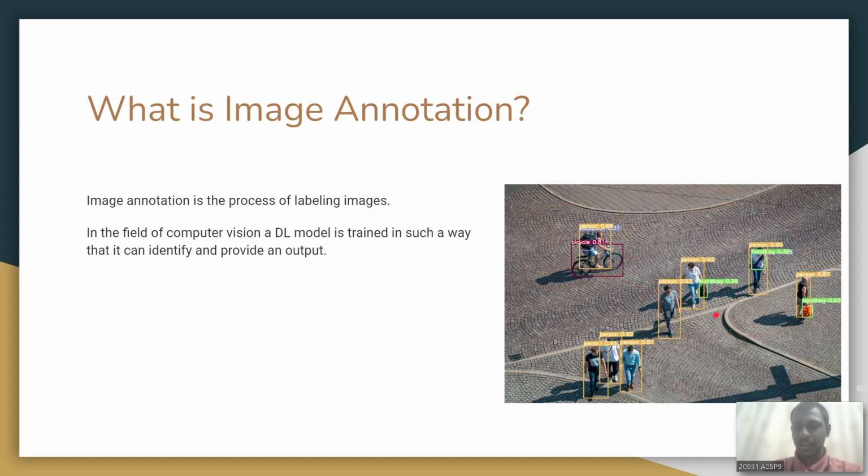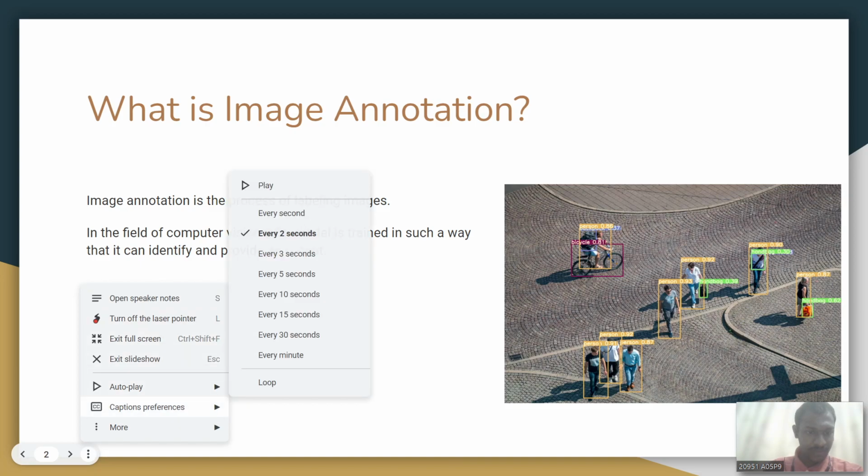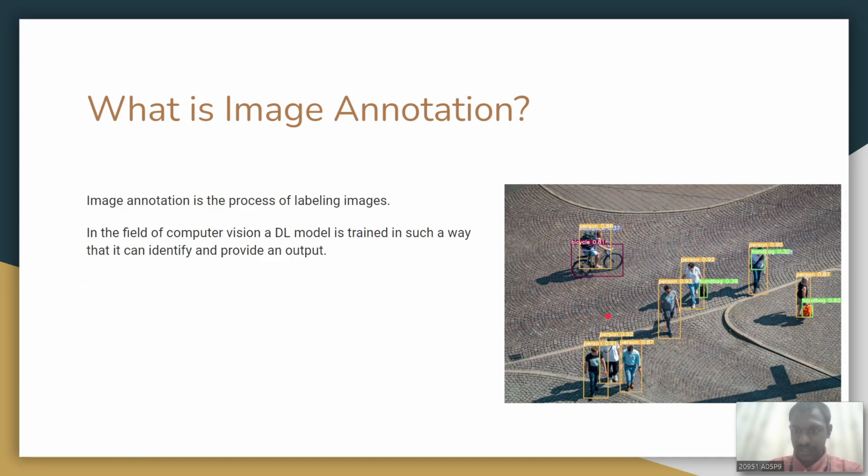Not only this, image annotation is nothing but manipulating the original image for any sort of use. Let's say if you have a pencil, we can actually annotate on top of this image, and we can call that image annotation, since we are adding data onto the image.